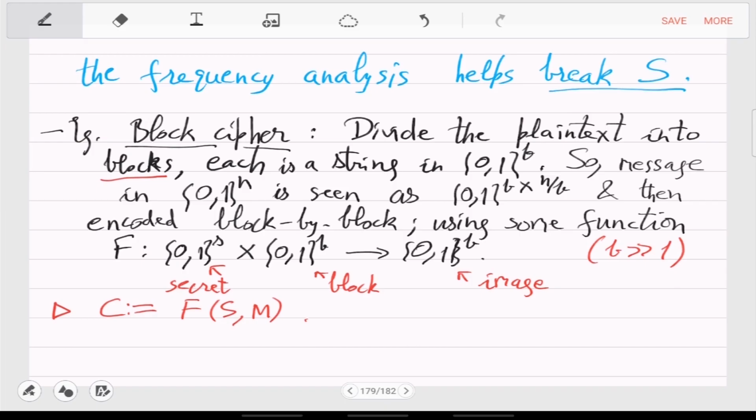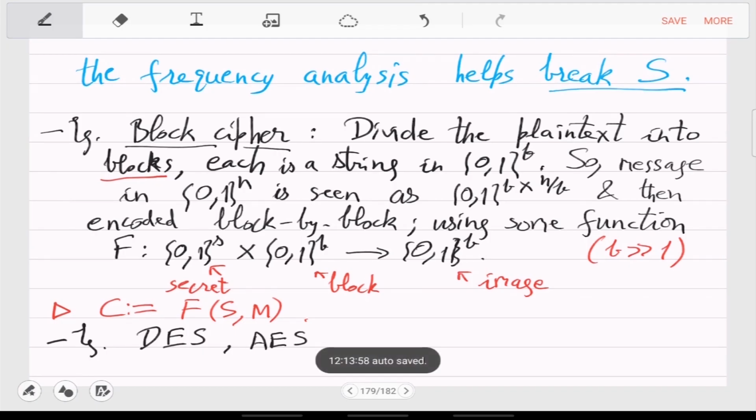So there are many such clever block ciphers, which we will not do in this course. So there is what is called DES, digital encryption standard. There is AES, which is advanced encryption standard, and so on. There are more recent things like MD5. So these are basically functions, their definitions of functions F, which do a lot of algebraic manipulations, number theoretic and algebraic manipulations.